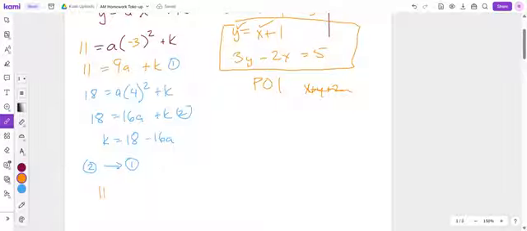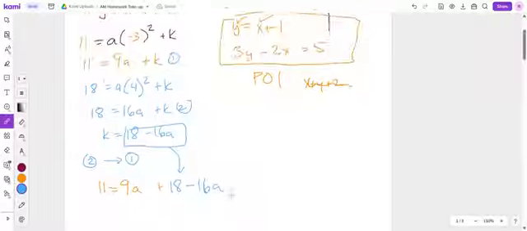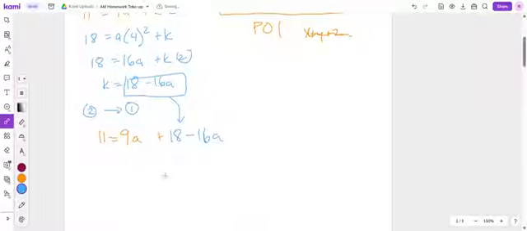So I get 11 equals 9a plus whatever k is. So this whole thing goes in. 18 minus 16a. With this equation, how many different variables do I have? Show me with your fingers. Can I solve for it?